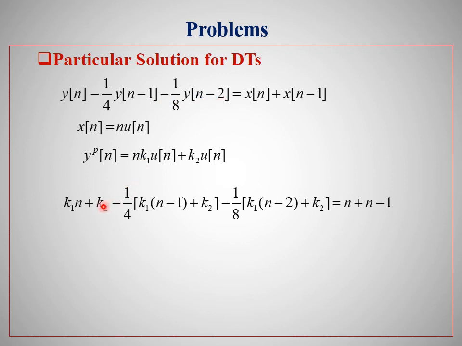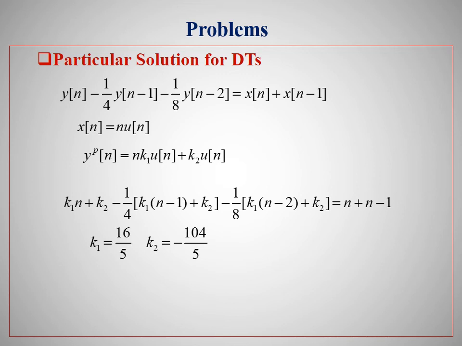So it is k1 n plus k2 minus 1 by 4 k1 n minus 1 plus k2 minus 1 by 8 k1 into n minus 2 plus k2, which would be equal to the input, n plus n minus 1, since u of n is 1.